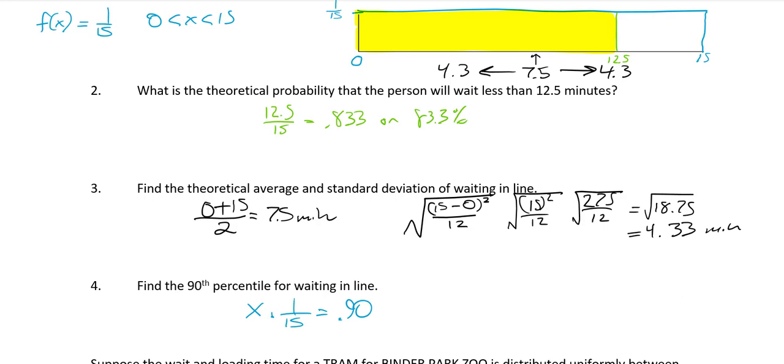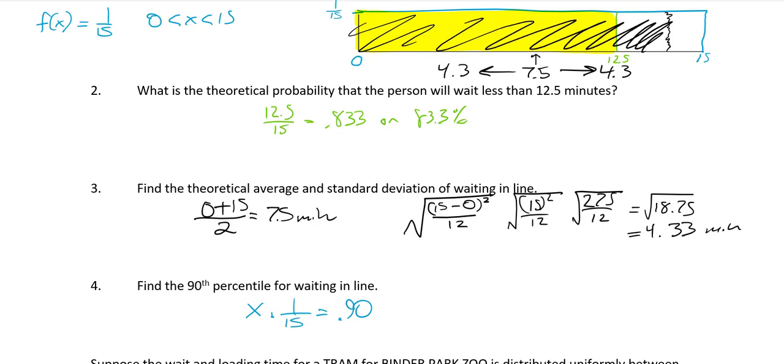Now, I don't know where 90% is. I'm only going to guess that it's somewhere around that squiggly black line right there. Because if I shaded in all of this over here, this would represent about 90%. So this is about the 90th percentile. So 90% of this rectangle is filled in.